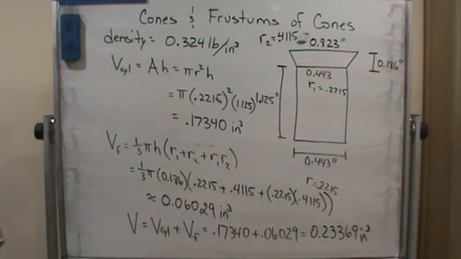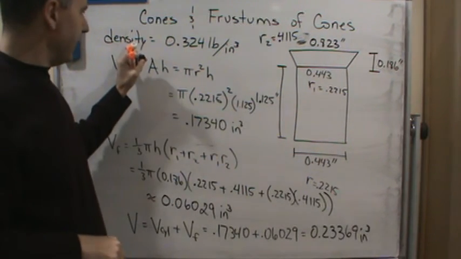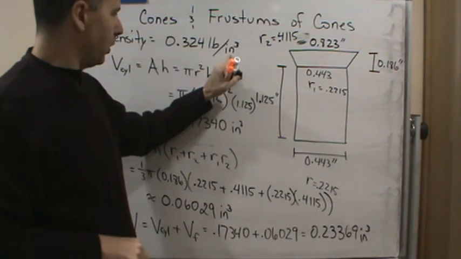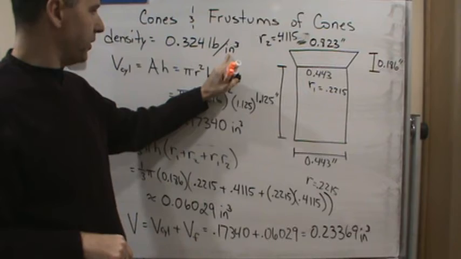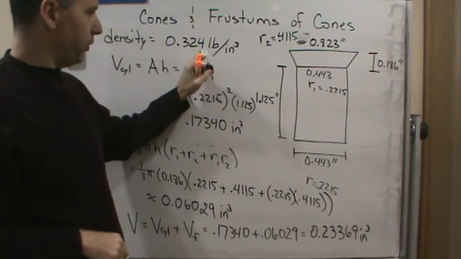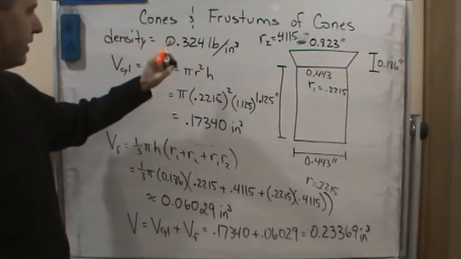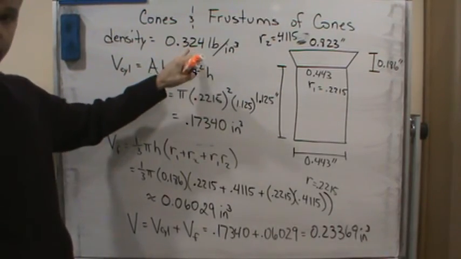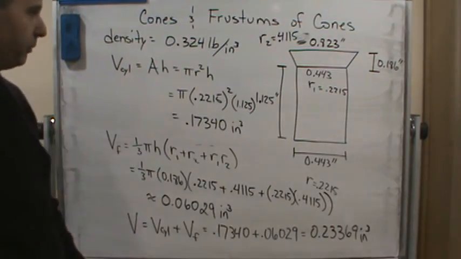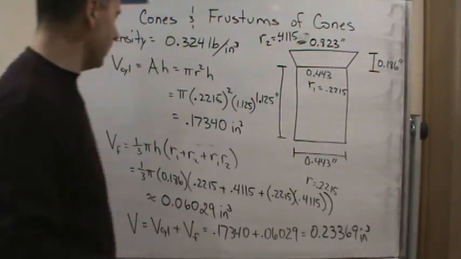It gives us the weight per cubic inch, so we're going to multiply these two together.